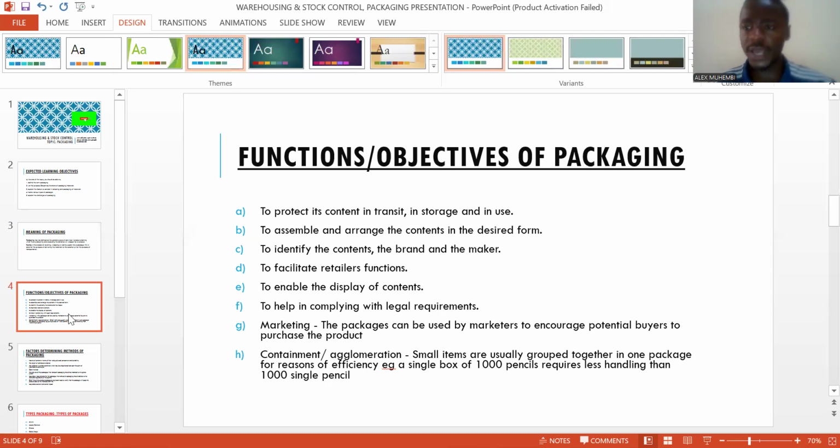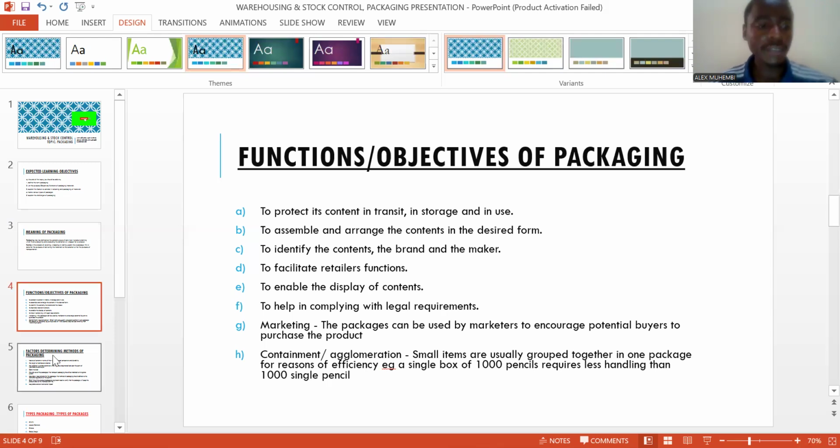Now which one requires less handling and which one requires more handling? So you'll realize that a single box will require less handling. So we are doing that for the purpose of containment or agglomeration. So those are some of the purposes, functions or objectives of packaging.